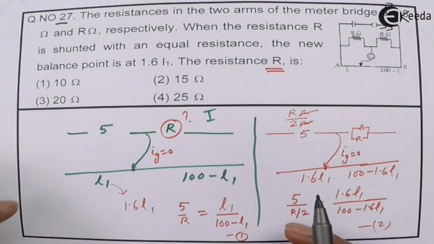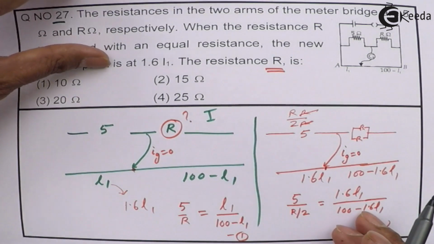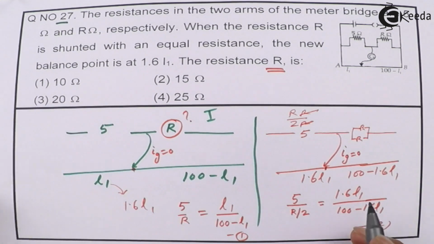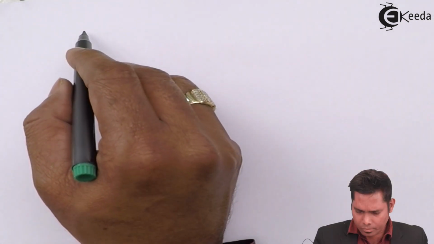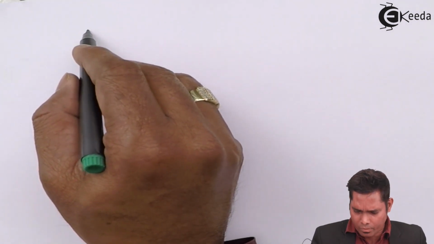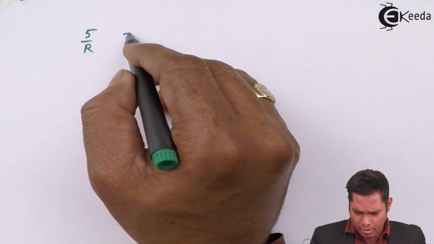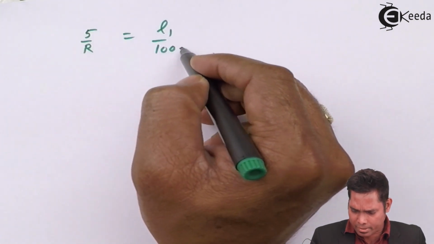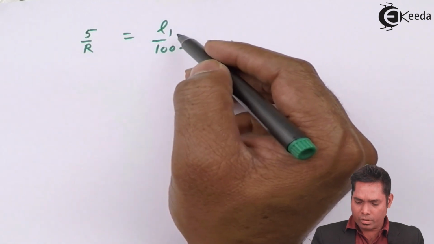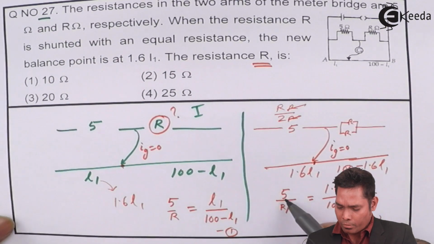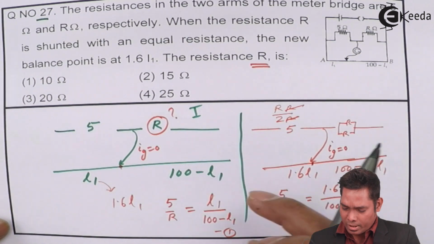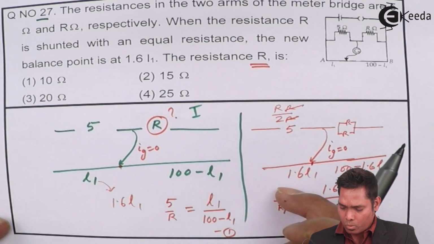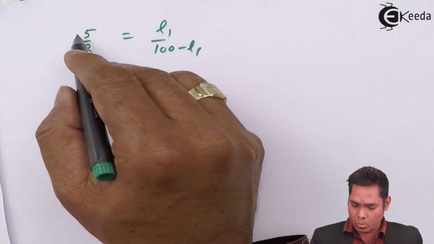So we have to solve these two equations. This is 2 times 5 over R. 5 over R is L1 over 100 minus L1. I will substitute this value in this expression for 5 over R, because 2 will go up.